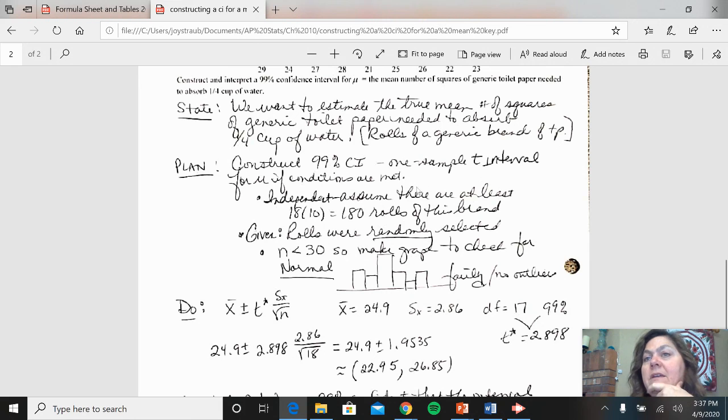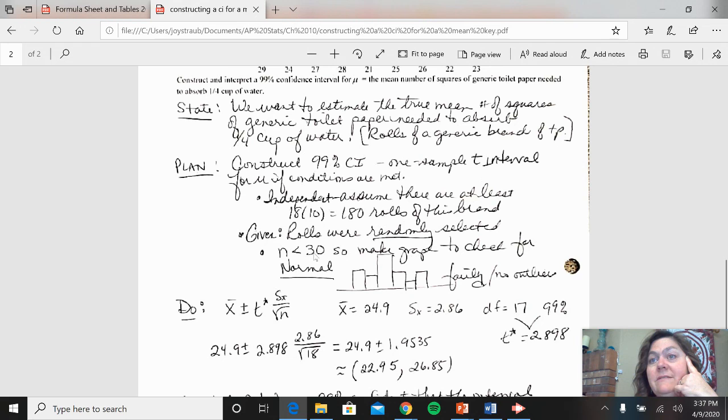So if conditions are met, we're going to look at this. Okay, n was less than 30. Oh yeah, here they were randomly selected. I should have put SRS separately. The rolls were randomly selected, so make sure you have that somewhere. That was given, so put it in here.